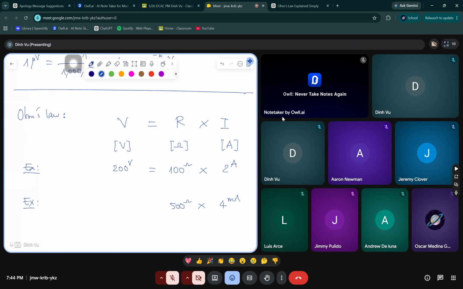You take 500 ohms times 4 milliamp. Now, what will be the voltage here?